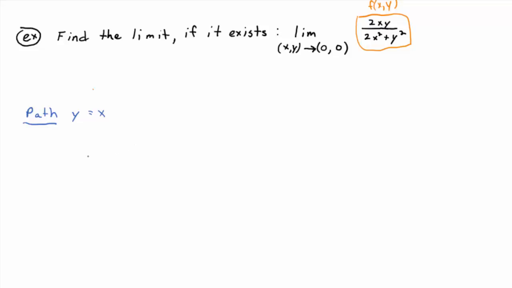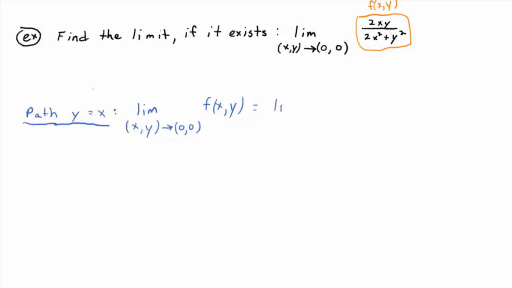So what do I mean by taking a path y equals x? Well, this is the generic function notation: the limit as (x, y) approaches (0, 0) of f(x, y). Let's adjust it for what we're doing here.